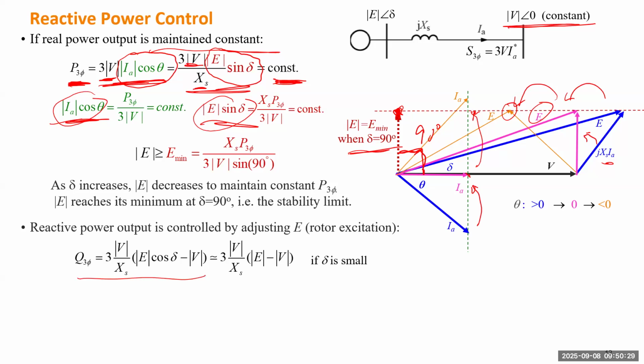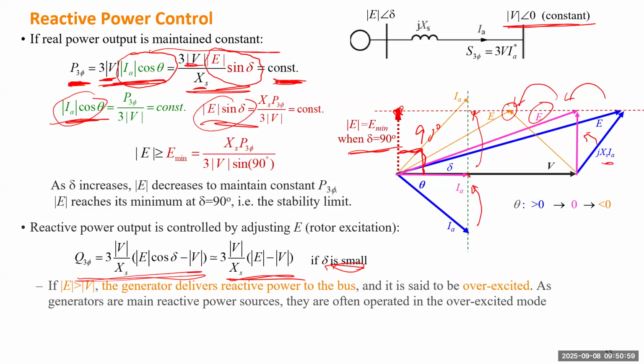Based on this formula, we know that by changing E, we actually change the reactive power flow. If I assume delta to be small, we can utilize this similar formula. Basically we can compare E and V, which side is longer. If E becomes shorter than V, the generator will provide negative reactive power, which means the generator will consume reactive power.